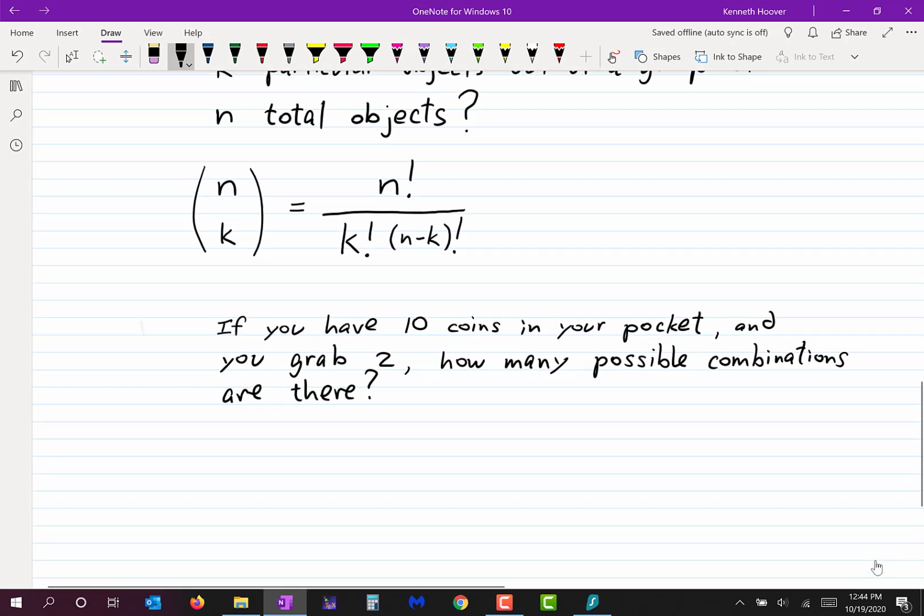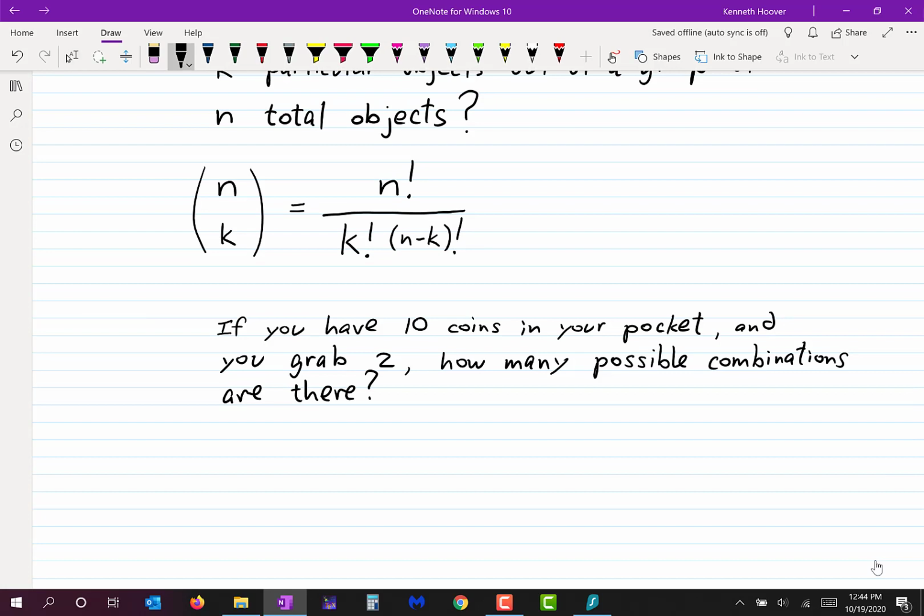Okay, so it's very easy to answer. We write it this way, 10 choose 2. Okay, and it's just 10 factorial over 2 factorial times, what's the last number? 10 minus 2 factorial, so that would be 8 factorial, right?